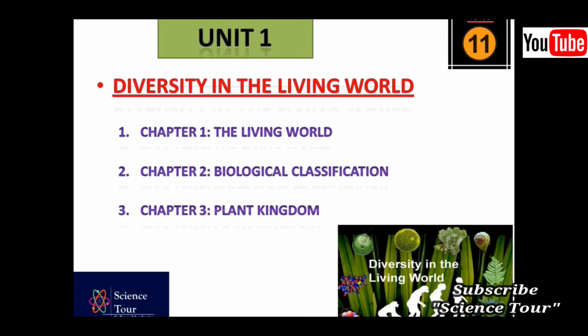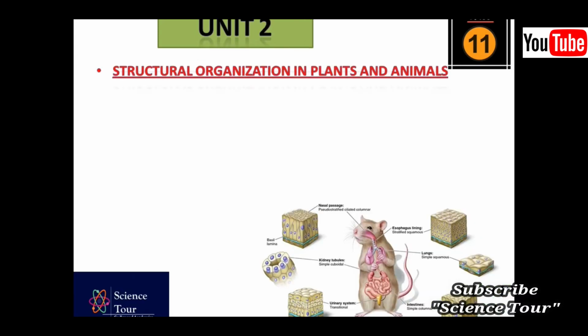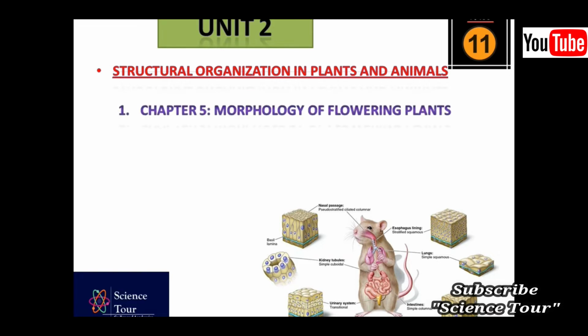Next, chapter number 4 is animal kingdom. Here also basis of classification and salient features of major non-chordate phyla and chordate classes with examples. So here, all about animals. Next, coming to unit number 2, structural organization in plants and animals.